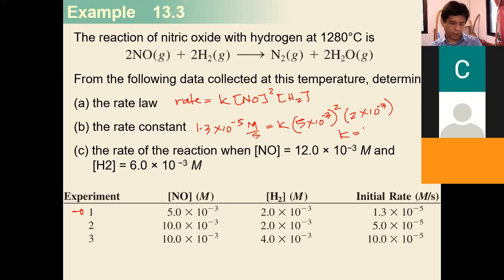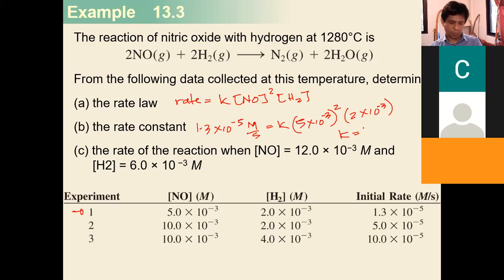So, 1.3 exponent, yung times 10 to the x sa calculator. Okay. Tapos, times 5 exponent minus 3 squared nyo yun.